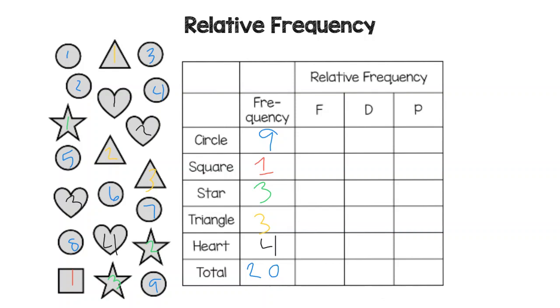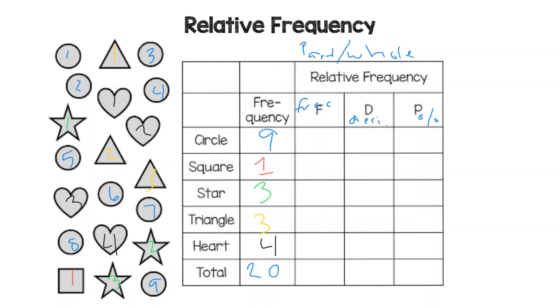Now if you remember, when we put something into a percent, we need to find out the fraction and the decimal. This F here stands for fraction, the D stands for decimal, and the P stands for our percent. When we have a fraction, it is our part over our whole.